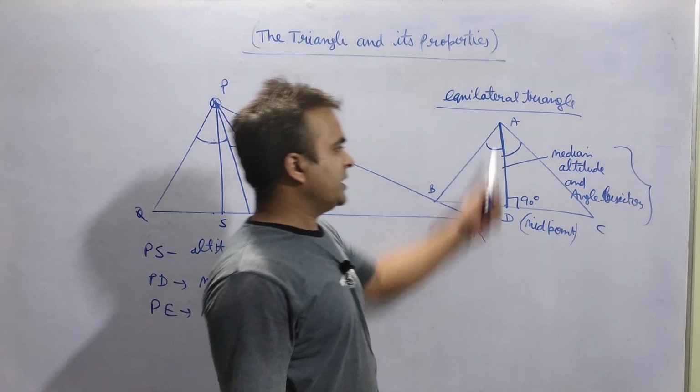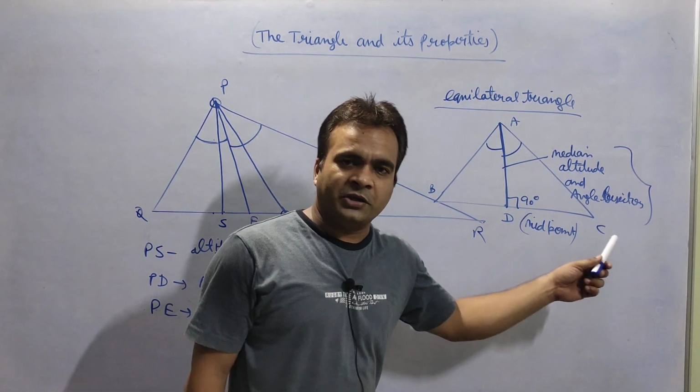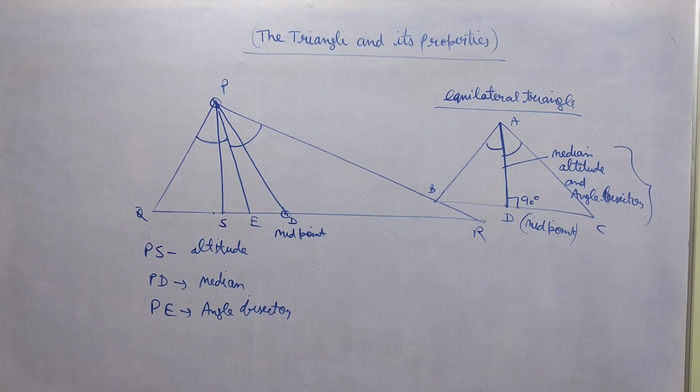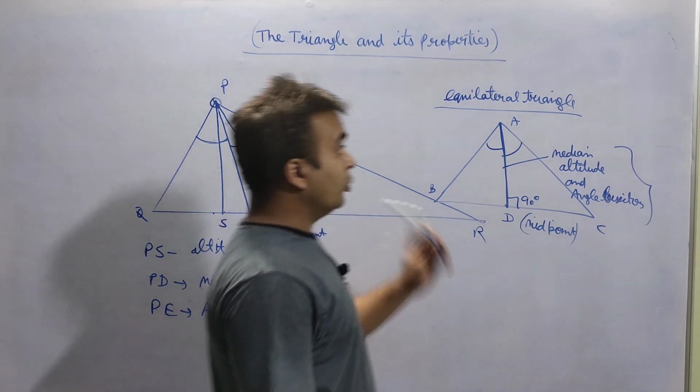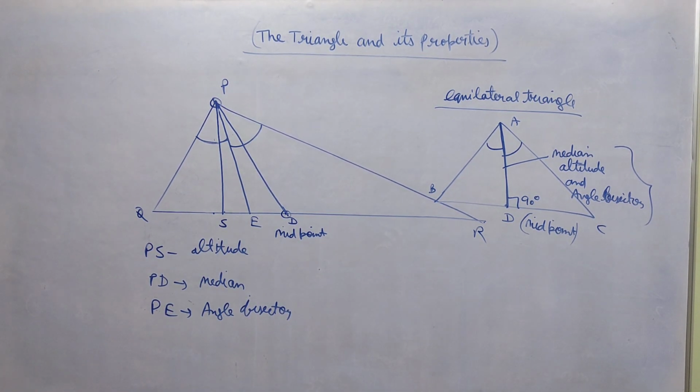If you want to use it as a median, you can. If you want to use it as an altitude, you can. If you want to use it as an angle bisector, you can. But this is only for the equilateral triangle, where the median, altitude and angle bisector are all the same line, right?